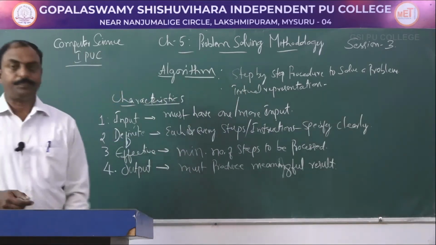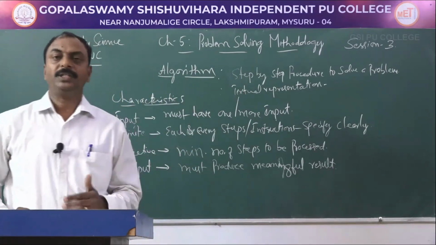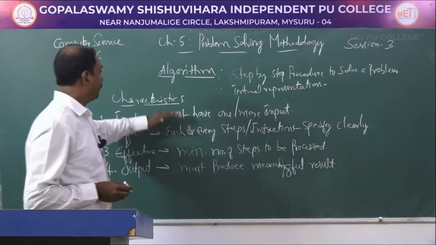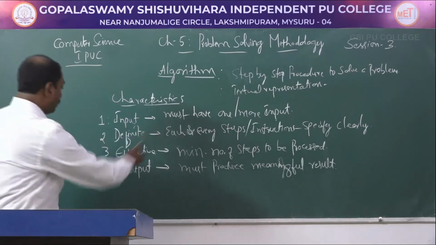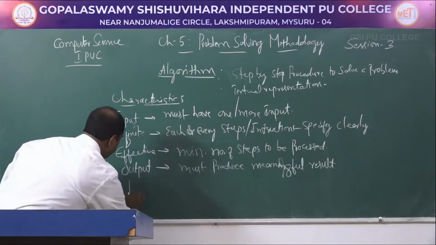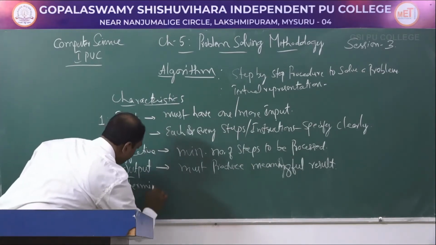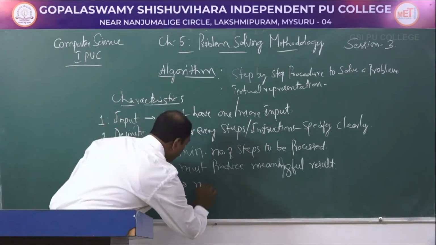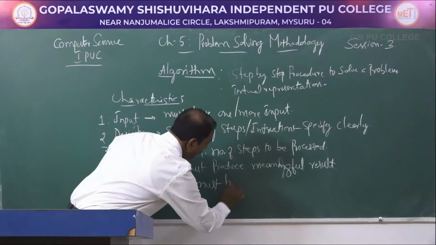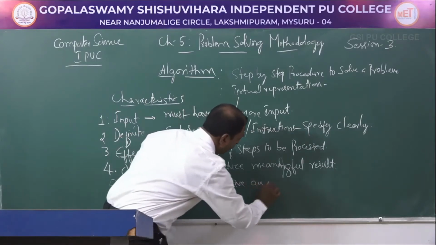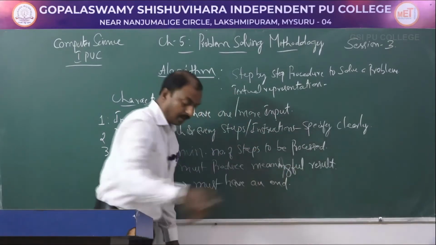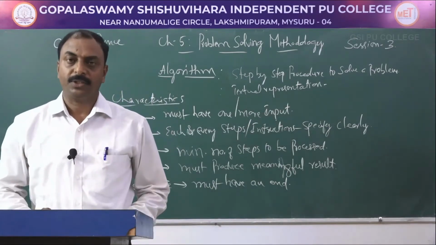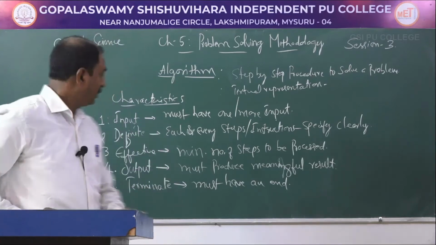Each and every algorithm must produce an output that should be meaningful. That is one of the characteristics. The next characteristic is terminate. Every algorithm must have an end, or each and every algorithm has to stop at one particular stage. That is the meaning of terminate.